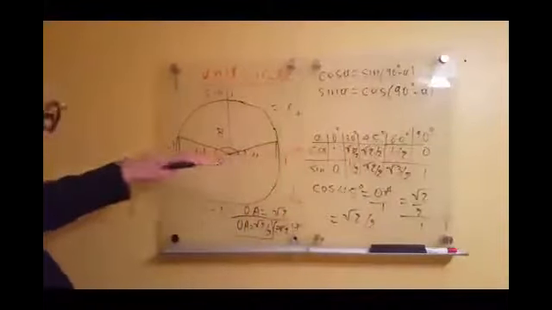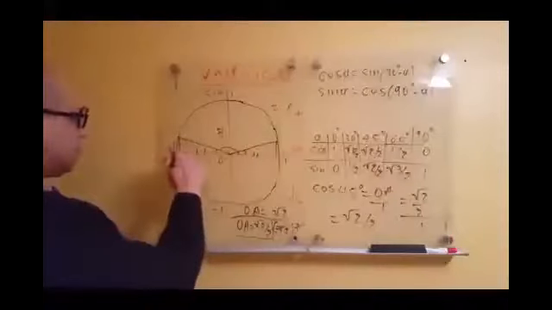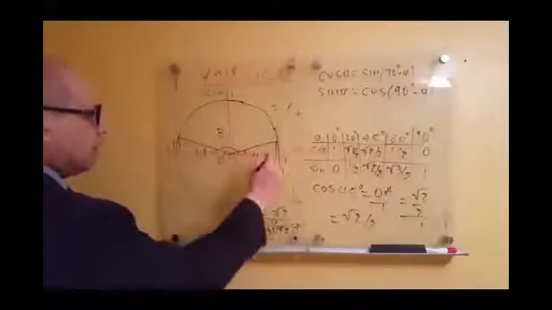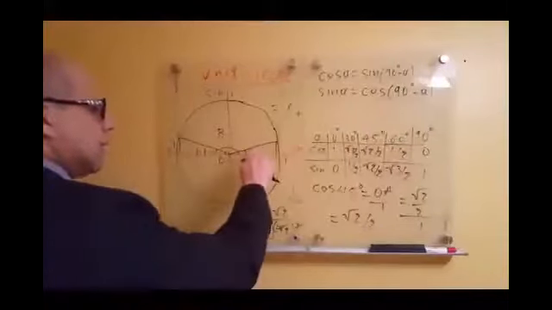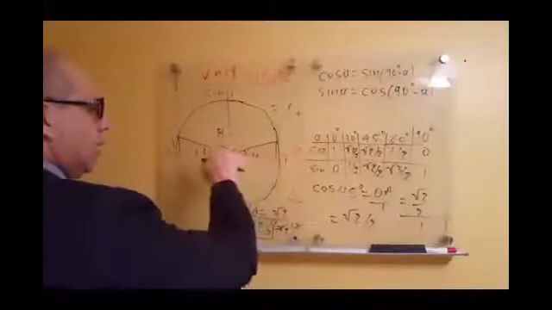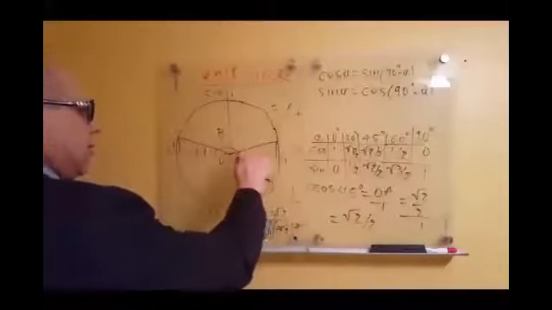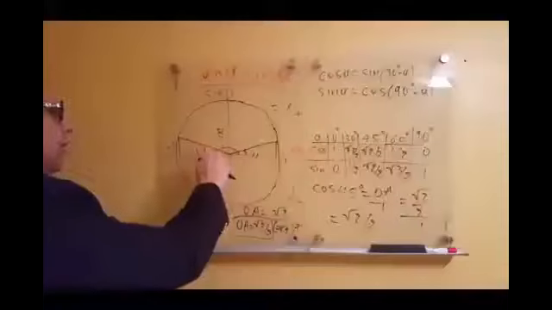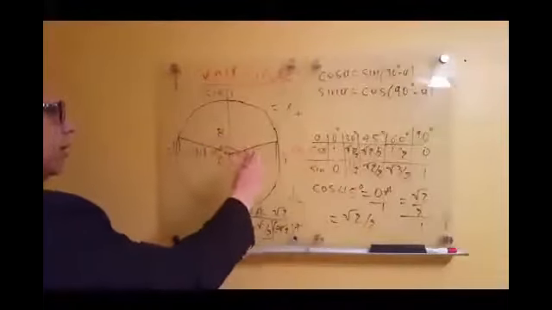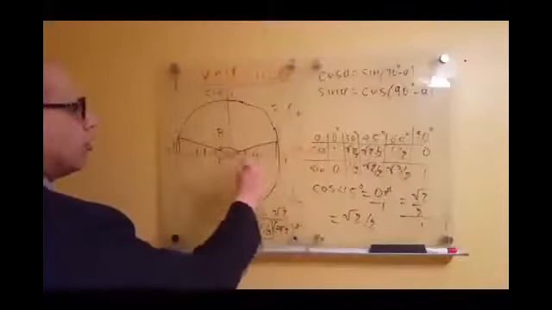But as segments, this and this are equal. The one is the cos of this angle, and the other is the cos of this angle. So the cos of this angle here, I call this, is equal with the negative cos of this here.